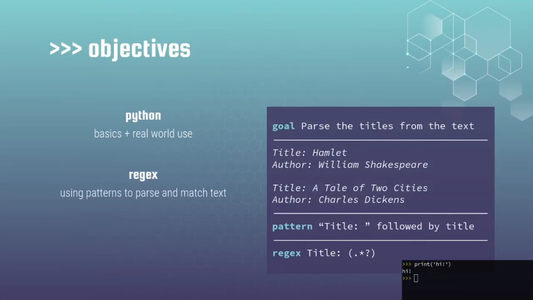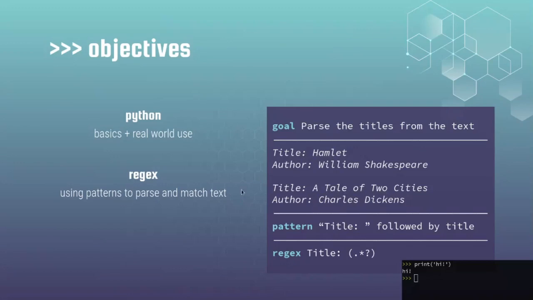So we're going to teach you a little bit about regex. What regex is basically a way to articulate, to describe patterns in text. So if our goal here is to parse the titles out of this text, we first need to determine what the pattern is. We can see just by looking at it that the pattern is, you've got the word title, followed by a colon, and then a space, and then the title of our book.